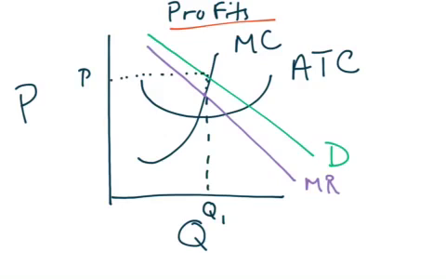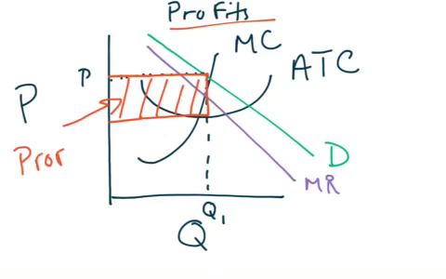Okay, but now we want to label profits. We take the price, and I'm going to make a profit box now. We take the price to the quantity that's being produced, and then we go down to the ATC. This box right here represents profits, because it is price minus ATC.